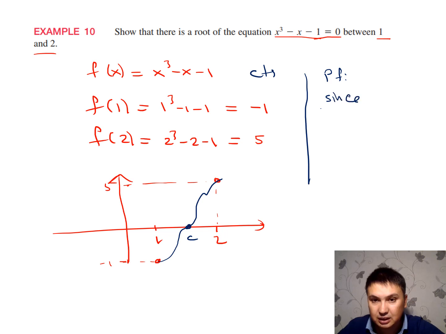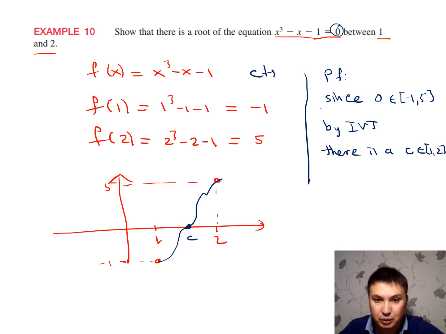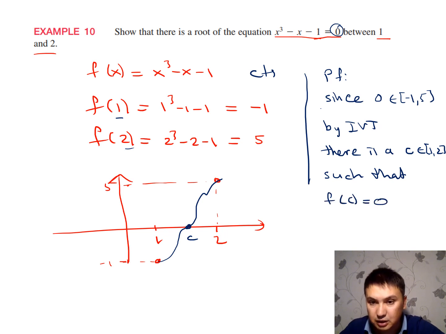Since 0, and I'm looking for 0, is between -1 and 5, by the intermediate value theorem, there is a c, or x, whatever, between 1 and 2, because we evaluated at 1 and 2, such that f of c is equal to 0.